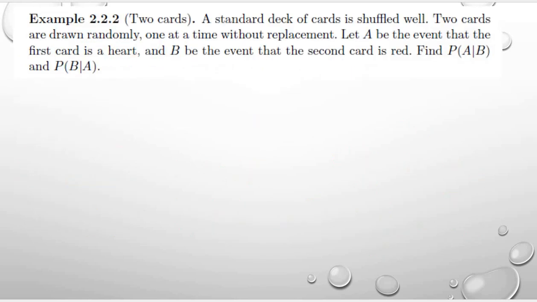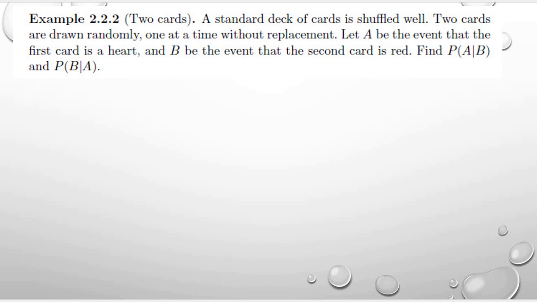Okay, so here's an example. It involves a deck of cards, a standard deck, 4 suits, 13 ranks. We're going to draw 2 cards, one at a time, without replacement, so the first card is not there when I draw the second card. Let A be the event that the first card is a heart, and B the event that the second card is red.